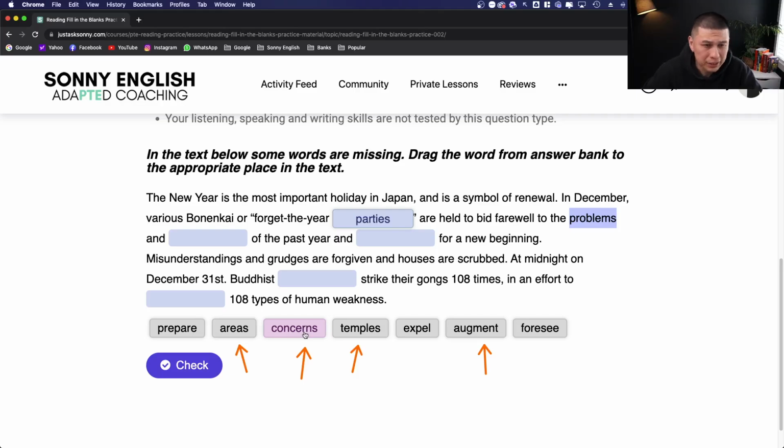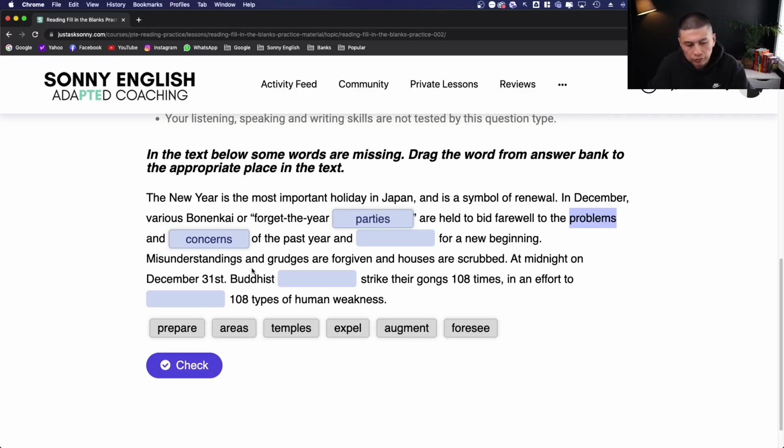Do you want a problem? Of course not, right? You want a concern? Of course not. So that's why you would put concerns here, because grammatically they have to match, noun, noun, and then the direction itself is negative, you go with the negative. That's why we have and.